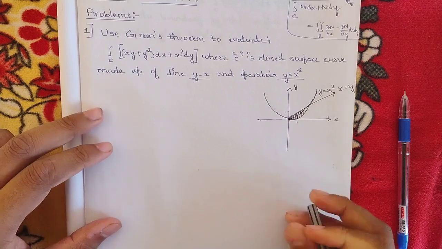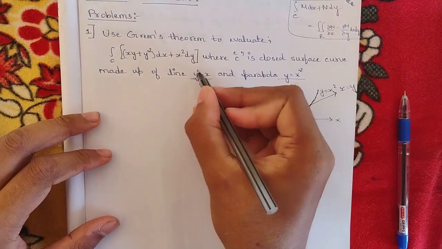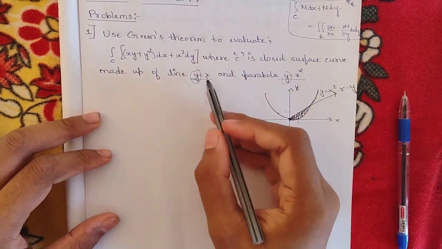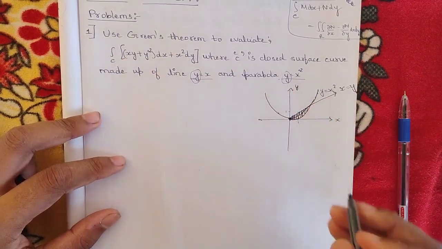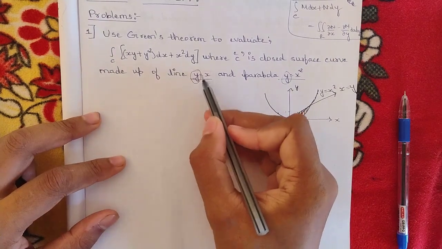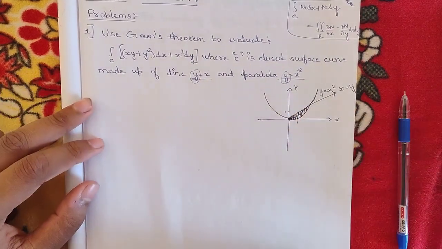That is to find the limits of y. For the term which is common in the given question, you should be checking the limits in the graph. And the other term, that is x and x square, you should be solving manually and checking.